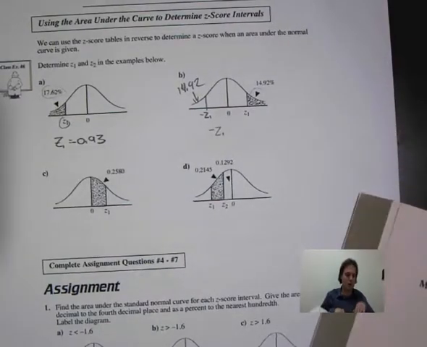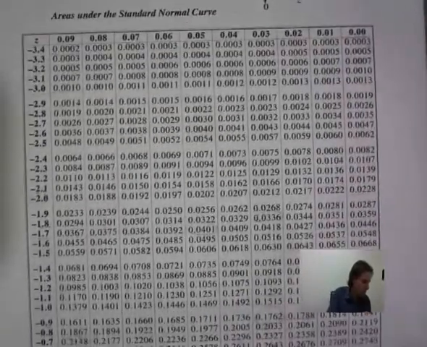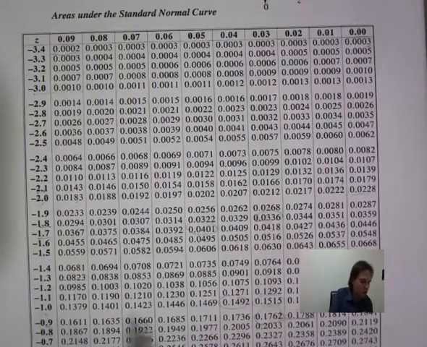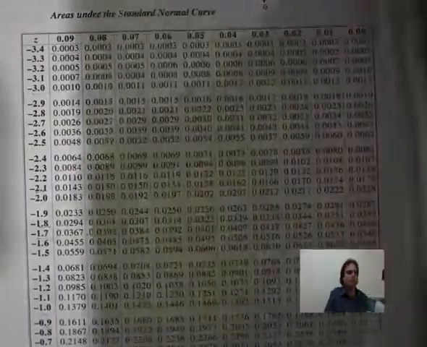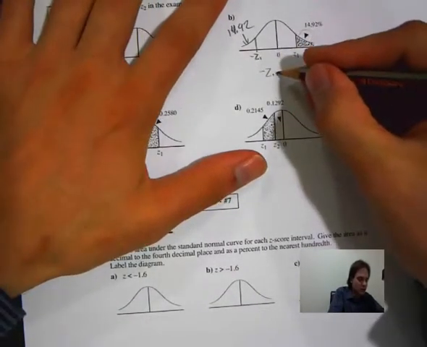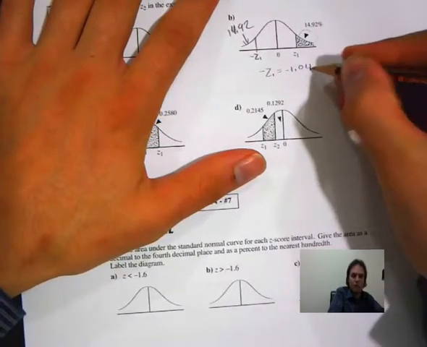So we'll take our table again. I'm going to look up 14.92 in the negative. There we go, 14.92 is right there. That is negative 1.04. So negative z1 is equal to negative 1.04.